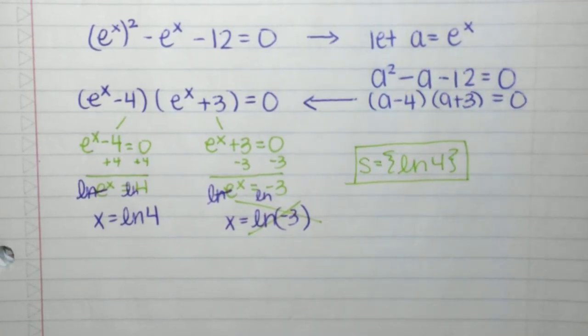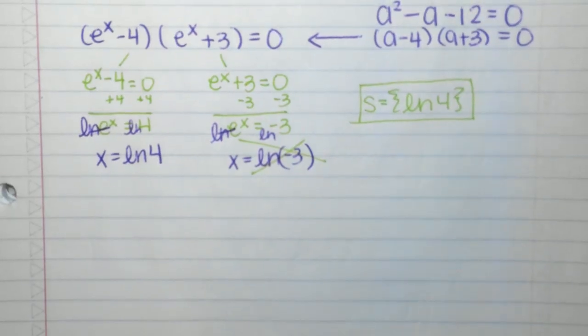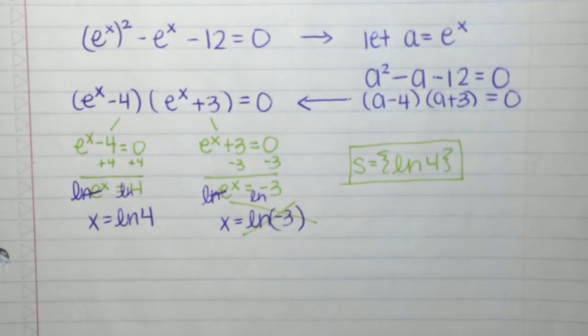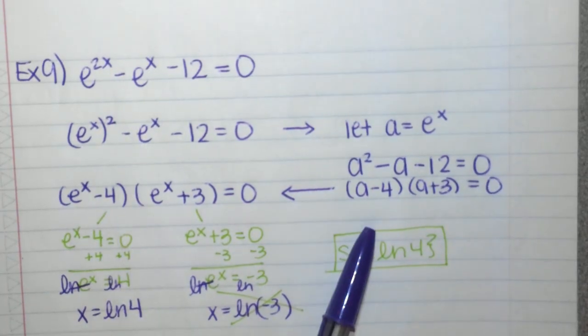That's my answer. Do you think you could do one of these on your own? Or not yet? Not yet. Last one for today. Can I move on, or do you want to ask me questions? This is just a fancy way to do a quadratic and then bring it back.